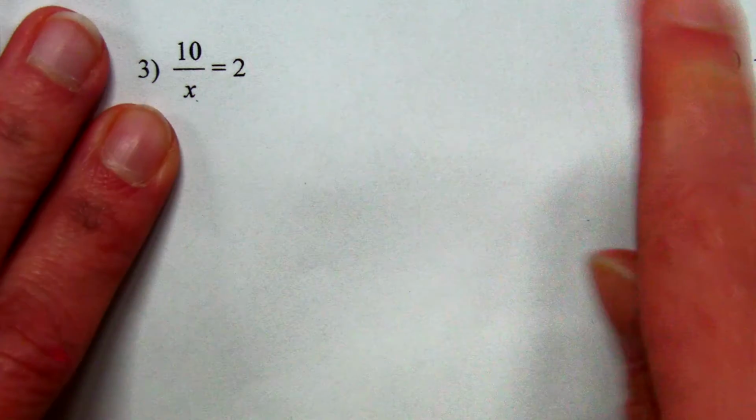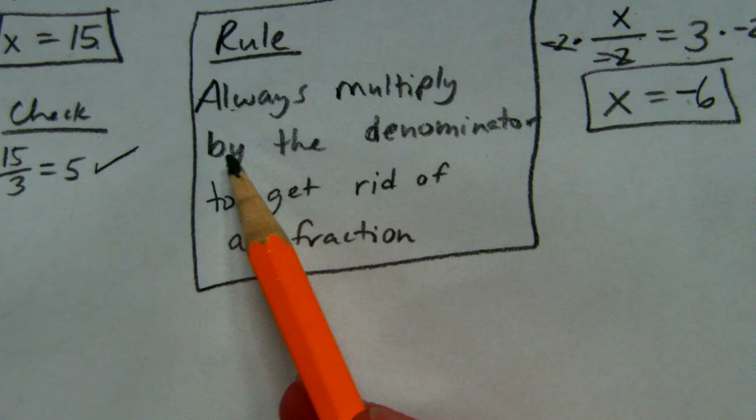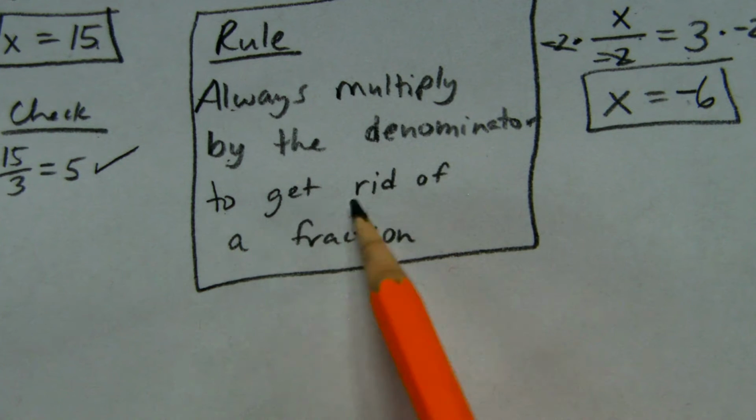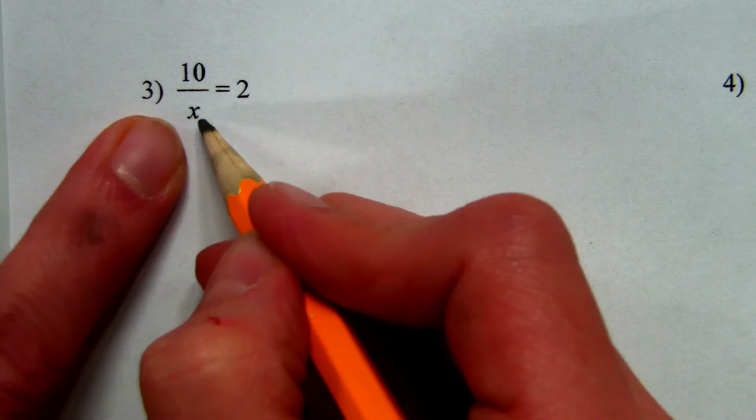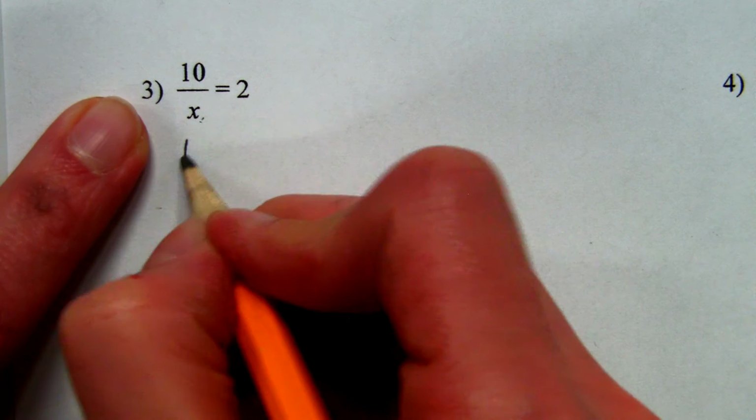Let's look at number 3. So this is what's going to be new. There's an x in the denominator, but the rule is still to always multiply by the denominator to get rid of a fraction. So now my denominator has x. It's okay. We're going to multiply both sides by x.